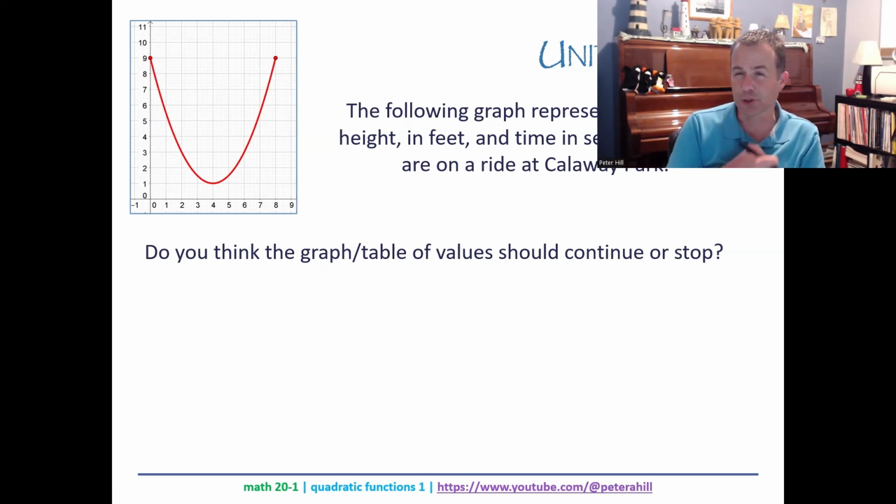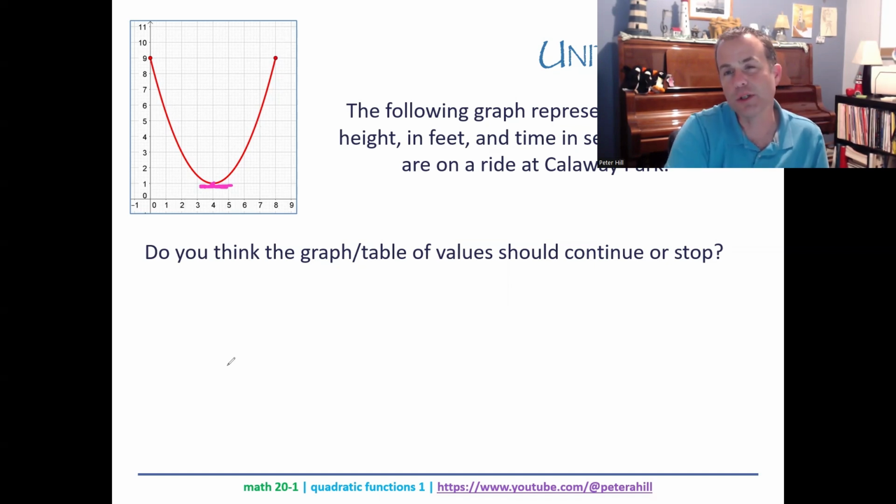If you're really good at interpreting graphs, you'll look at this particular graph and feel like this is kind of a boring ride, because you started at 9 feet tall, and you dropped down to 1 foot in 4 seconds, and then back up to 9 feet in another 4 seconds.